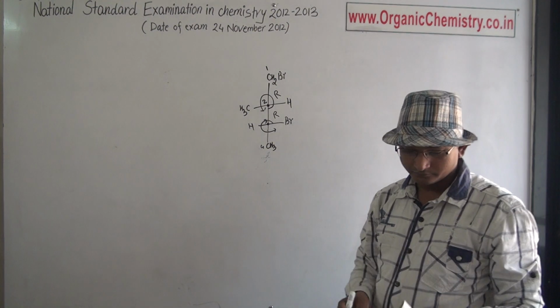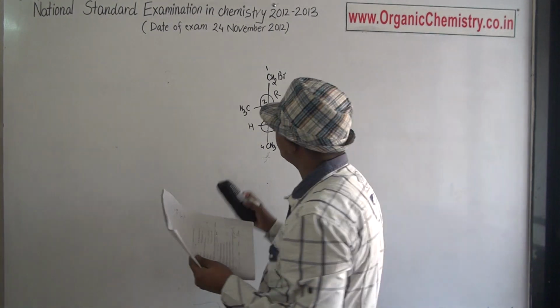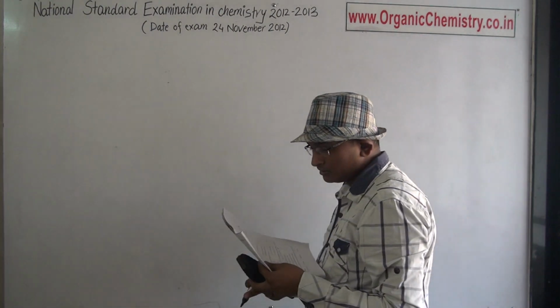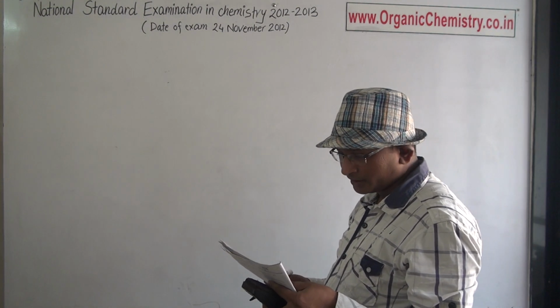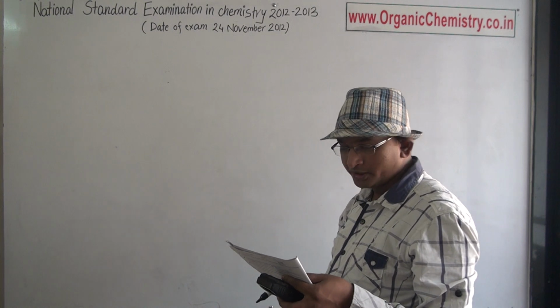Next, they have given a question on amino acids. The question is, the amino acid that cannot be obtained by hydrolysis of protein is.